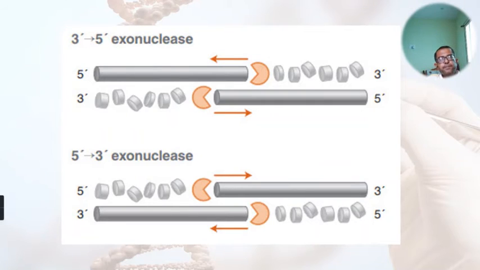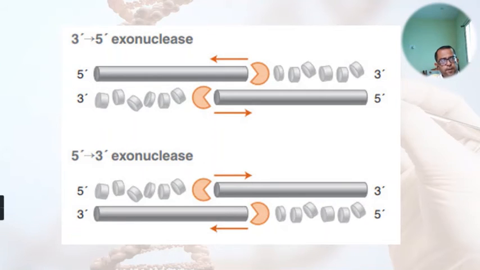You can see here, this is the 3' to 5' exonuclease activity, where the single nucleotides are removed from the 3' end, while the other activity, the 5' to 3' exonuclease activity, removes single nucleotides from the 5' end of the fragment.